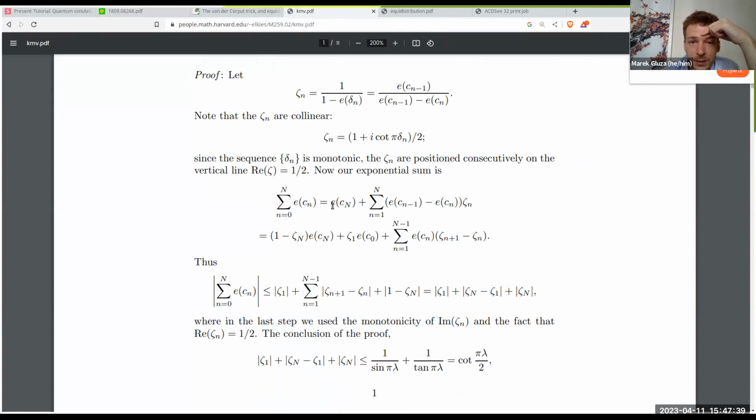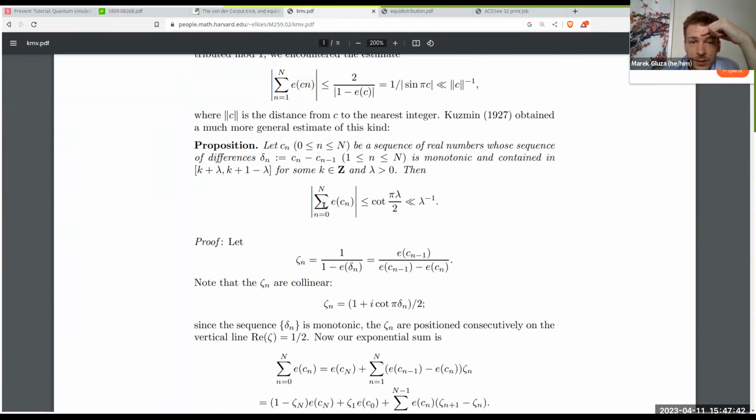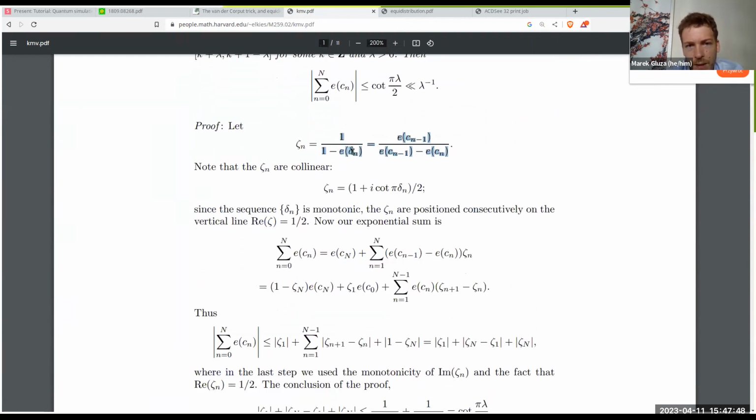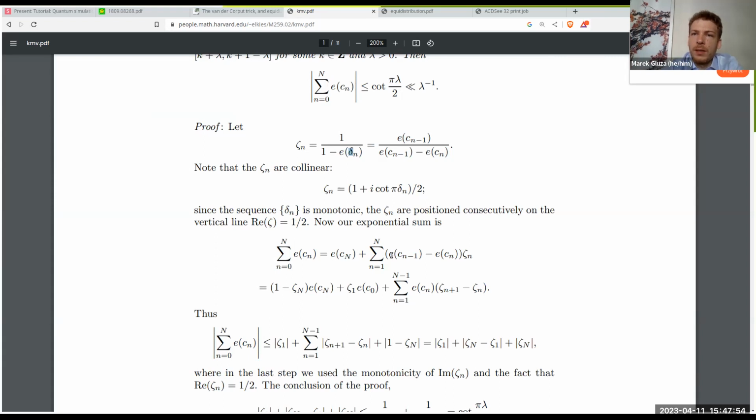In the commutative case, you can consider discrete sequences, and there's a very beautiful trick for how to get telescoping into the problem. Okay, I will show this trick because this is something a little bit different than what we have in our problem.